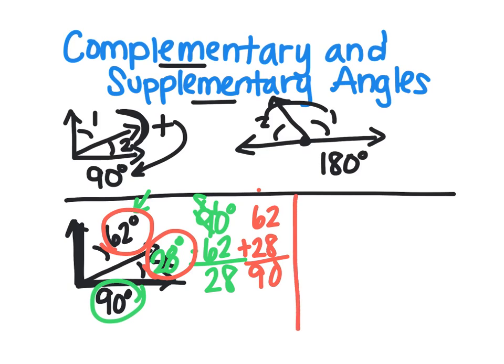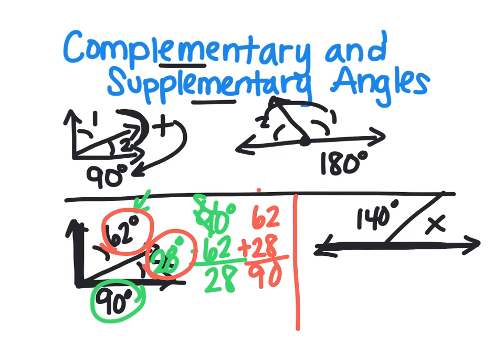Now, to find the missing supplementary angles, let's go ahead and do one with 140 degrees, and we're missing this side over here, or the X angle. So again, looking at this, I know that in all, it's going to be a straight line here, so that forms 180 degrees.